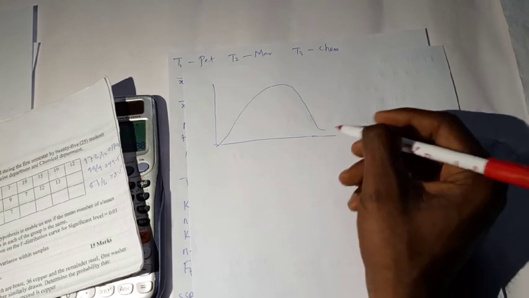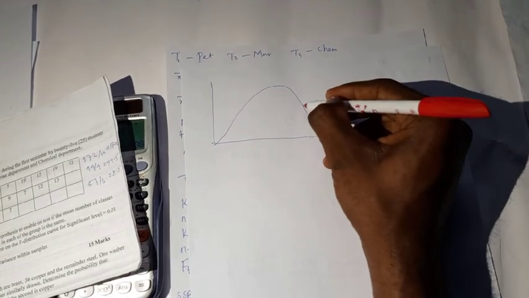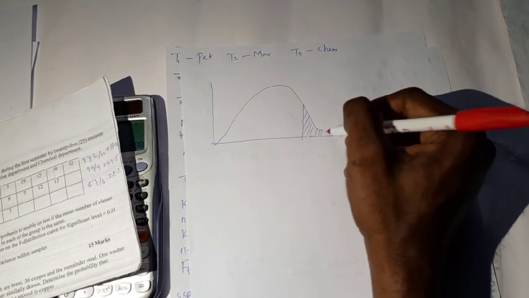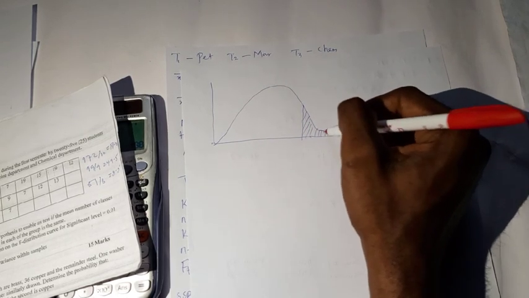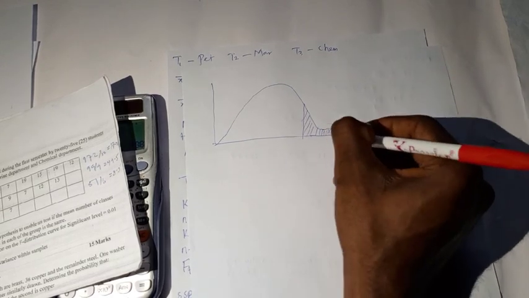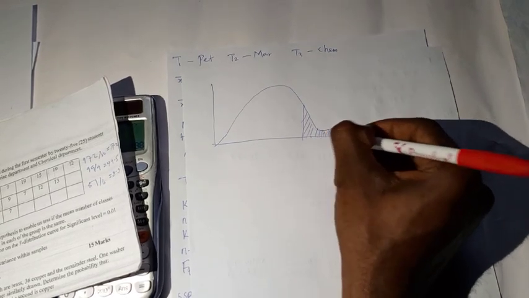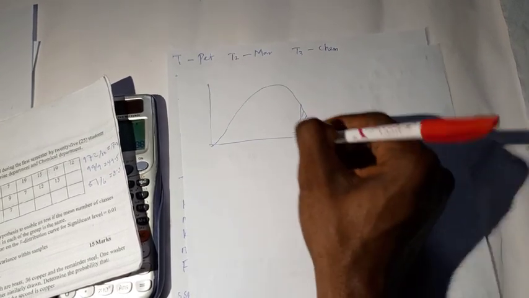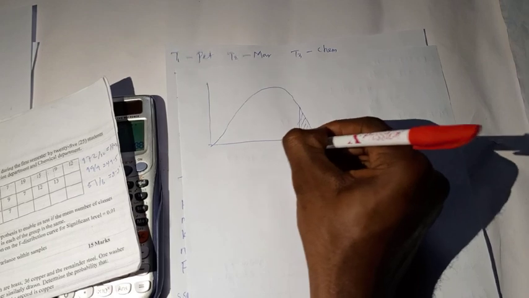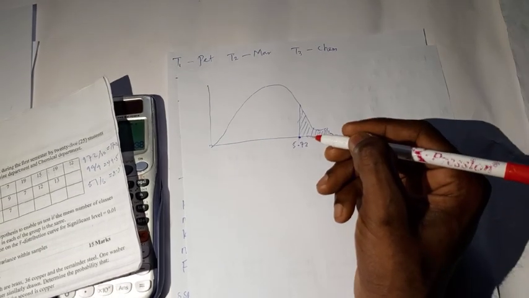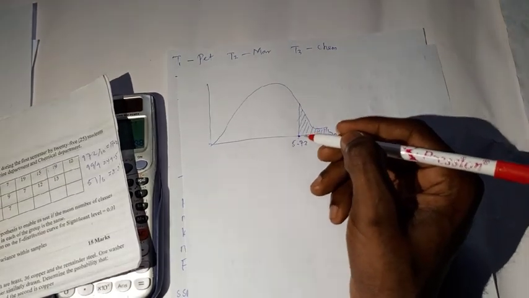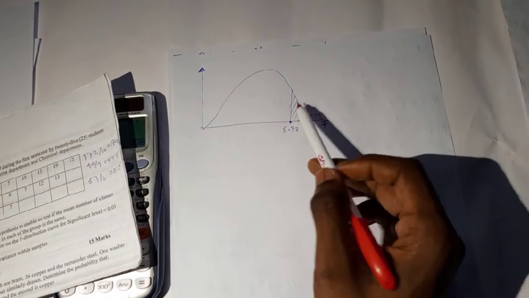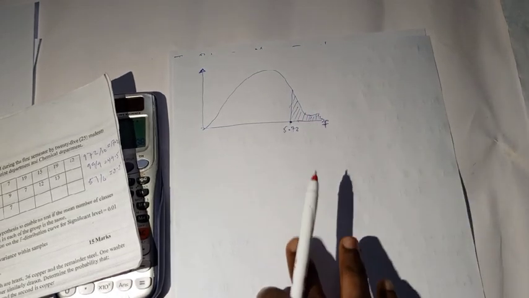On that curve, you create a region showing where you are accepting or rejecting. This horizontal line is our F distribution, and this point here is the point of our F tabulated, which was 5.72. So that is how to draw it.